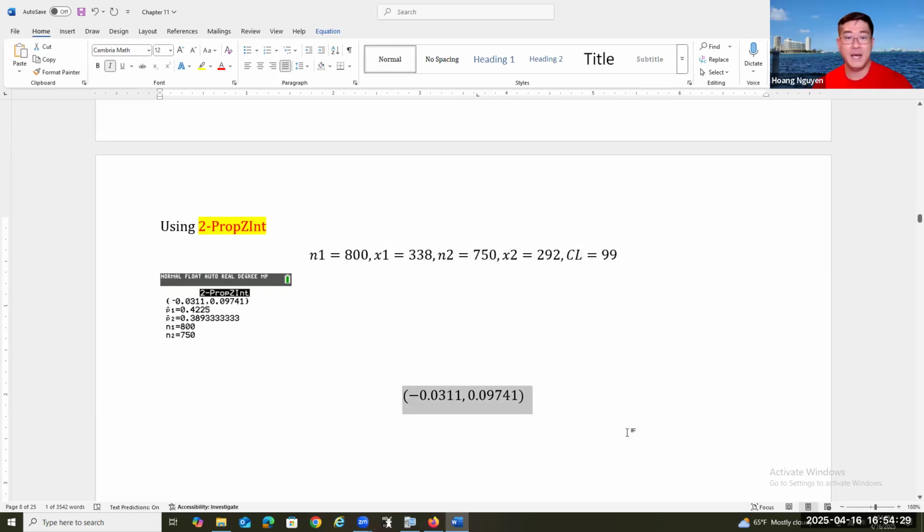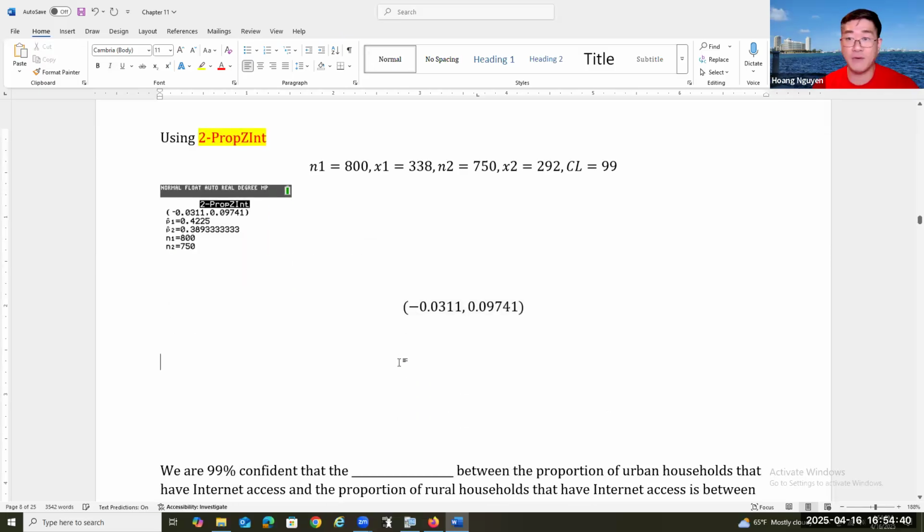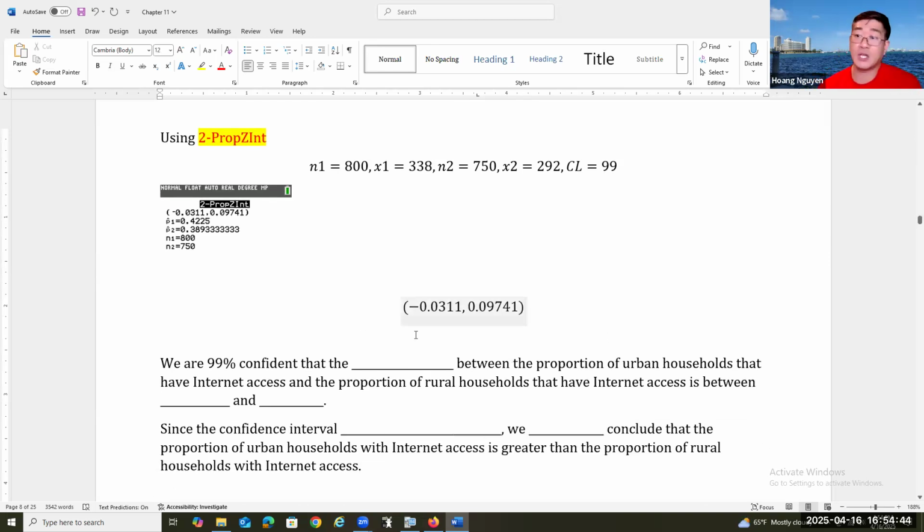Okay. Now we're going to do a little bit further analysis. If you use this confidence interval to get the conclusion of the hypothesis for a two-tailed test, let's do the interpretation first.